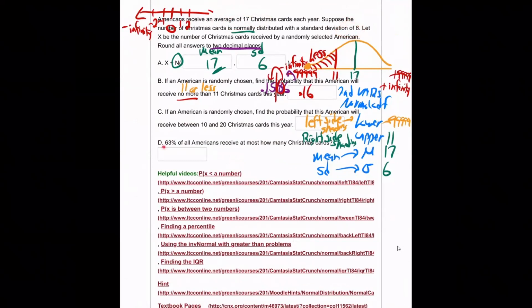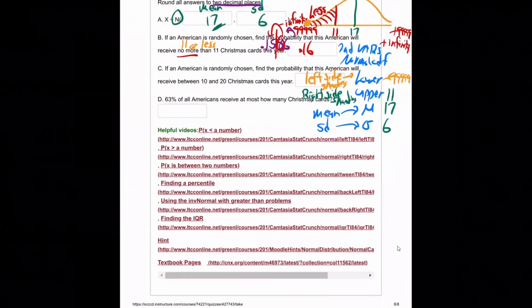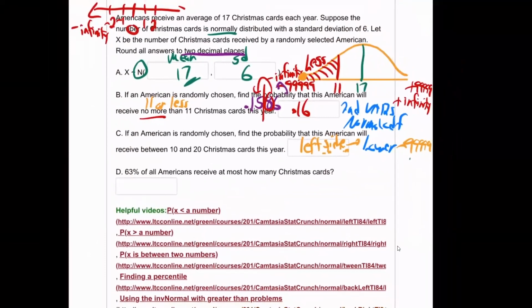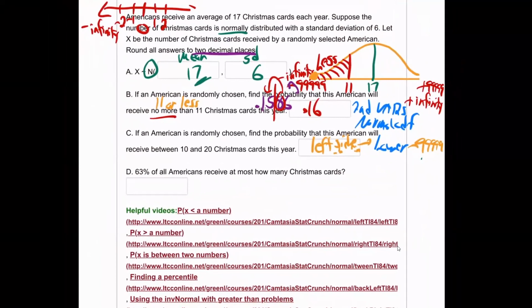And then part D says 63% of all Americans receive how many Christmas cards? 63%. Receive at most. That's an interesting question. Okay, so 63% of Americans receive at most how many Christmas cards? Yeah, that's a little tricky. Let's see if we can draw that. Got to draw the bell curve.